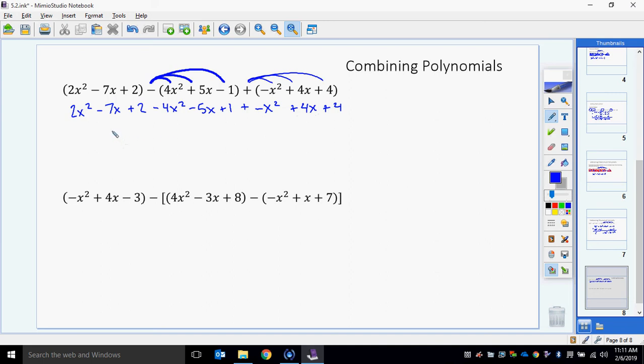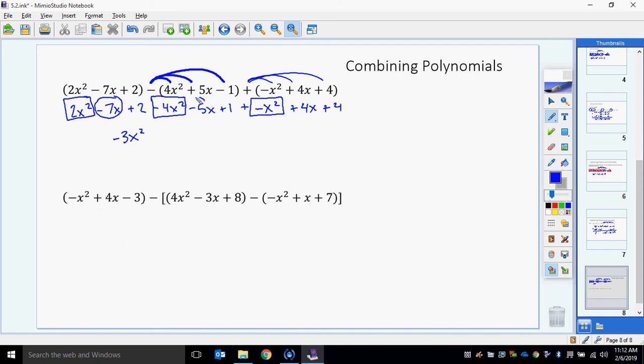And now I'm just going to go and combine some like terms here. So I'm going to box in or circle or whatever shape you want to give to your x squares. And combine them. So a 2, a negative 4, and a negative 1 would be negative 3 x squares. Go ahead and do a different shape for your x's.